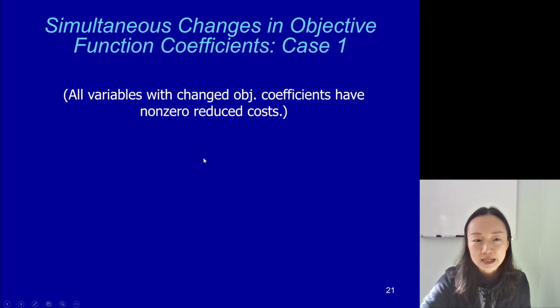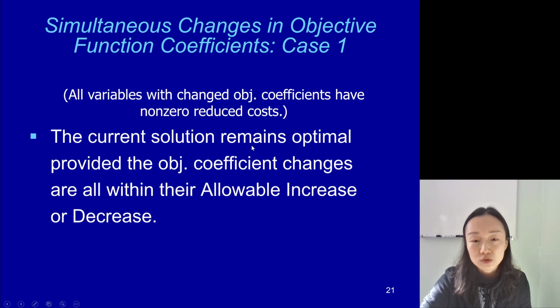In the first case, when you observe the sensitivity report and you see that all those variables that you want to change their coefficients have non-zero reduced cost, then the current solution will remain optimal if the objective function coefficient changes are all within their allowable increase or decrease. So what does that mean?